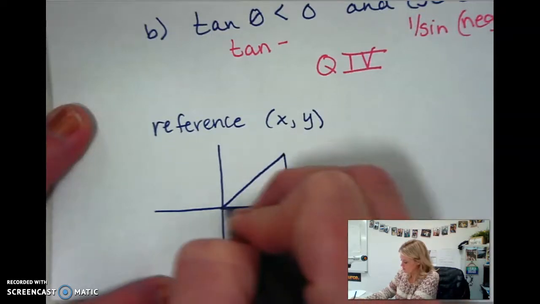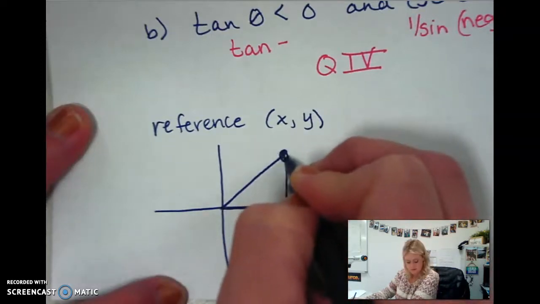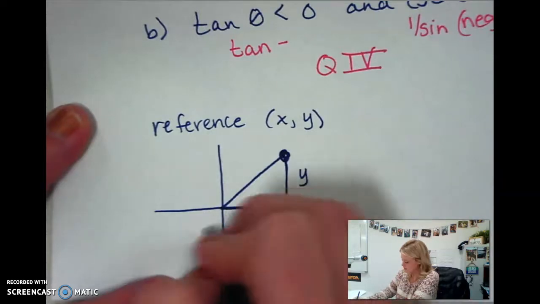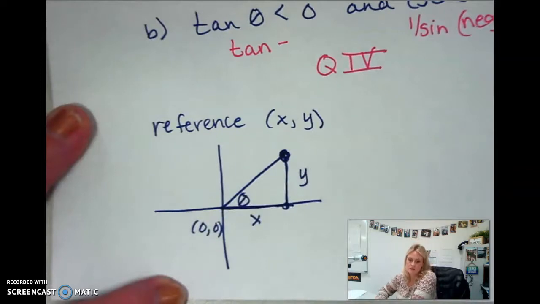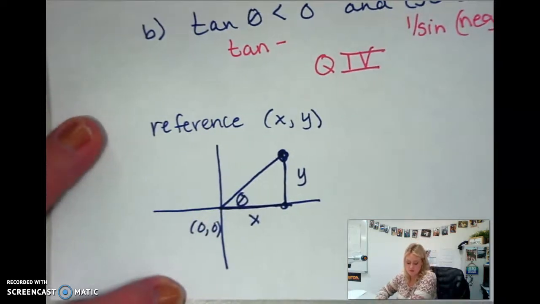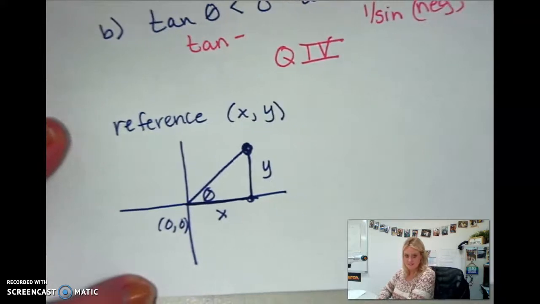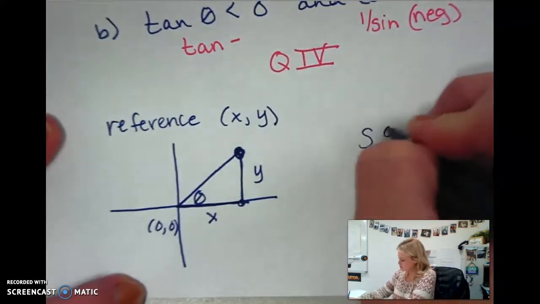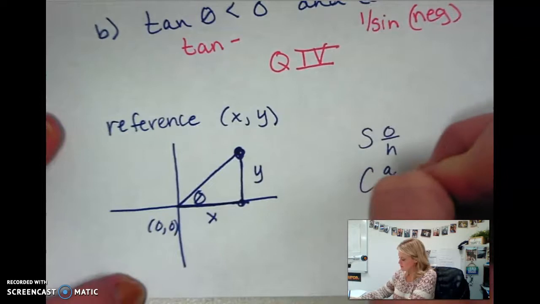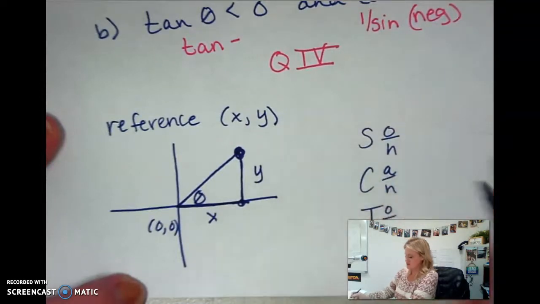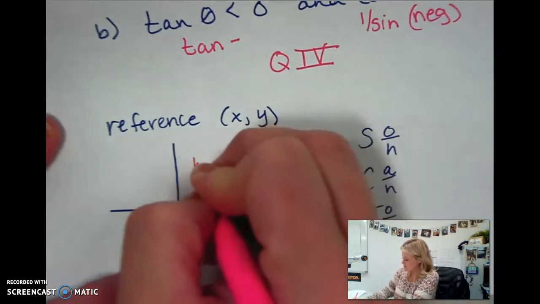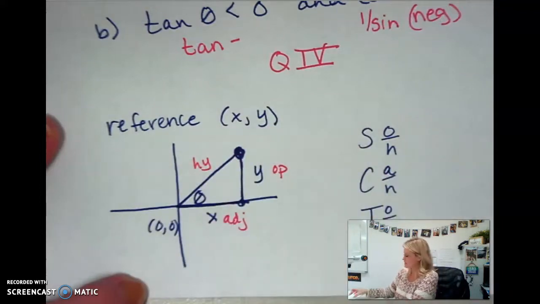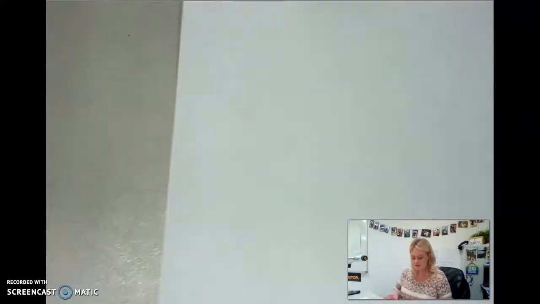So this is the point x, y. Again, we're always using 0, 0, and theta will always come out of the origin. So again, that's where we've come up with our whole SOH CAH TOA part of things. The only difference is we've labeled them adjacent, opposite, and hypotenuse. Okay? So, let's try an example here.